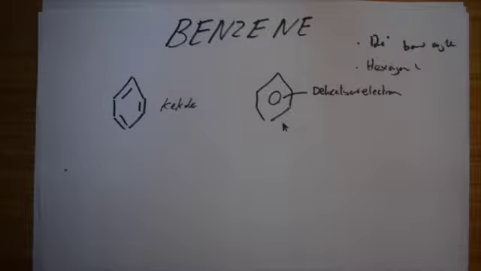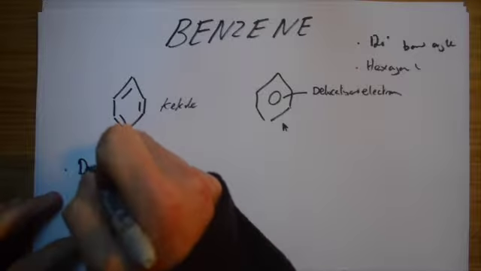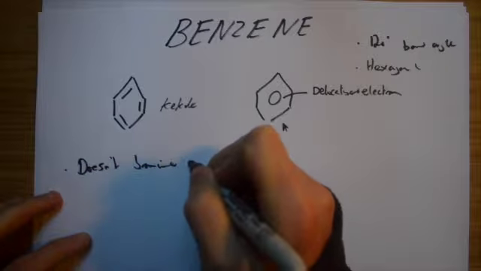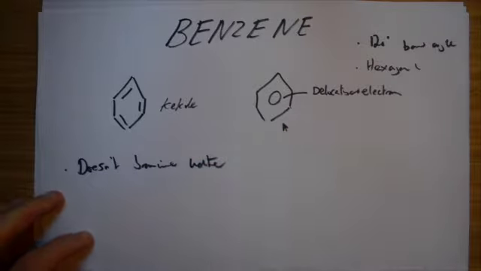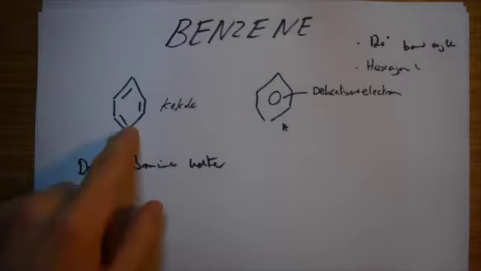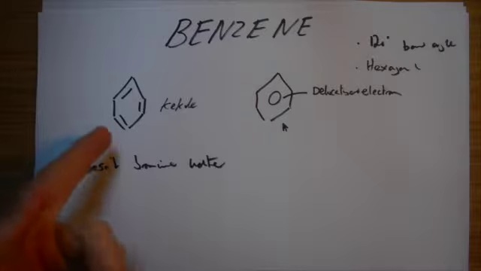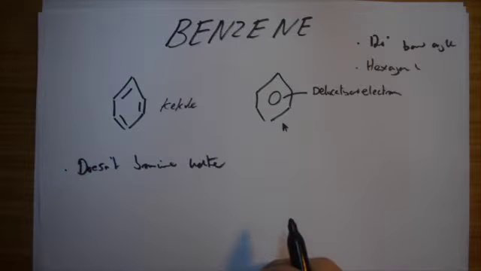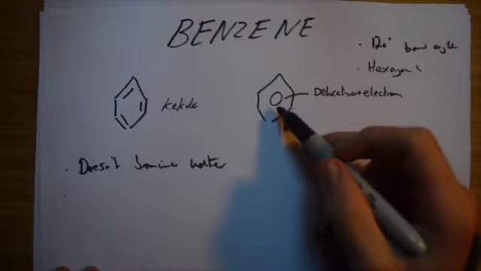But benzene doesn't. That's a pointer suggesting that benzene is not the Kekule structure. It doesn't have these alternating double bonds. Instead, what it actually has is a system like this.